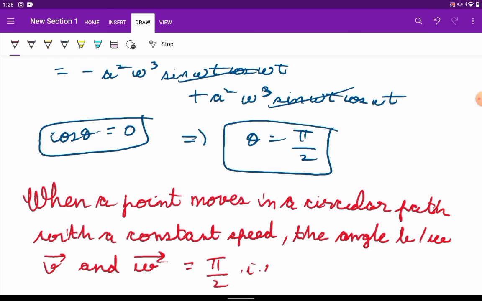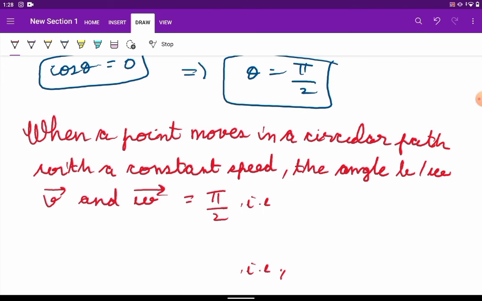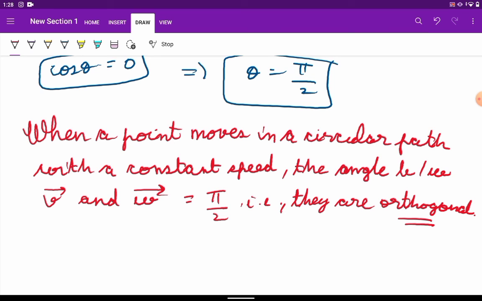That is, they are orthogonal. So yeah, this is basically the conclusion that we can get from this problem. So this is how you solve both the parts. So that's that. Thank you.